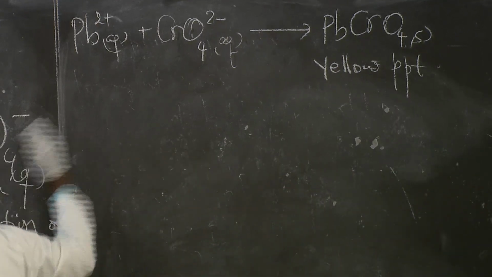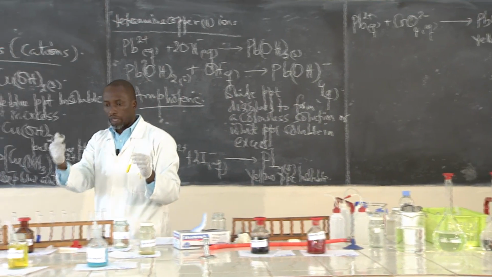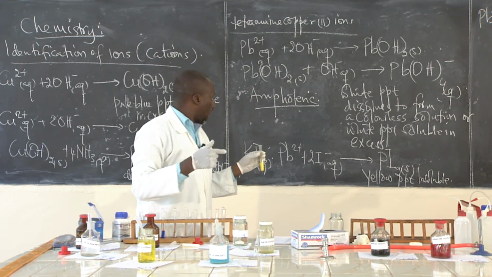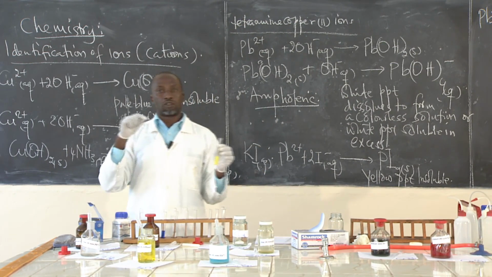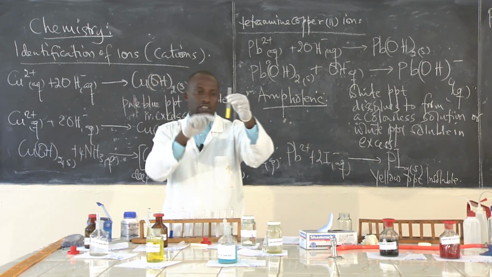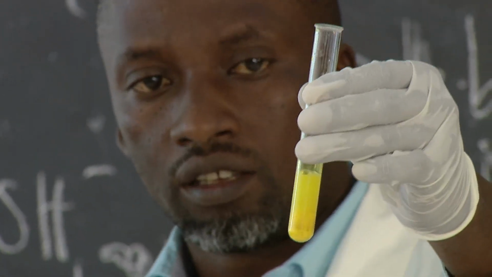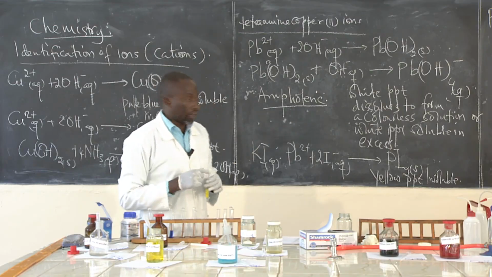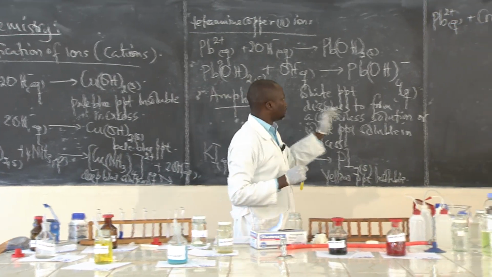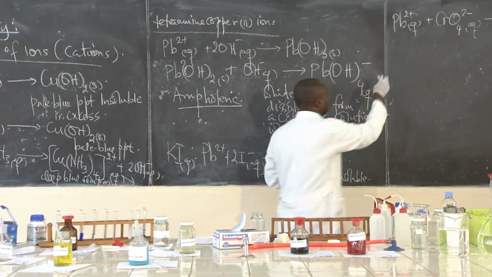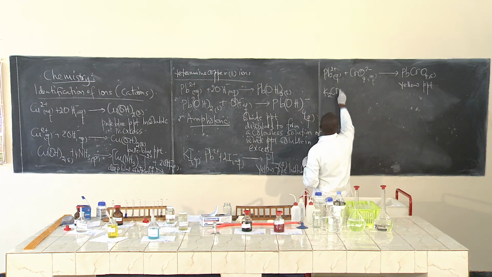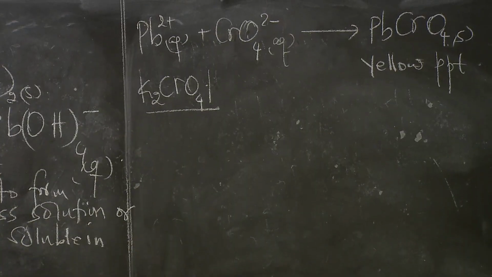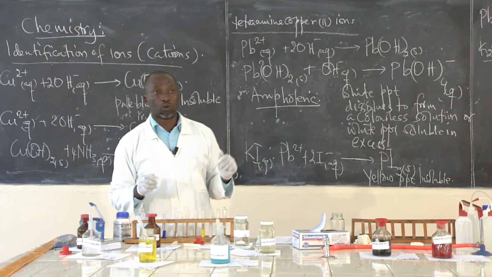So either potassium chromate or sodium chromate, any solution that contains the chromate, when you add it to the ions of lead, you get this very interesting yellow precipitate. So these two reagents, potassium iodide and potassium chromate, are used to confirm the presence of lead 2 ions.